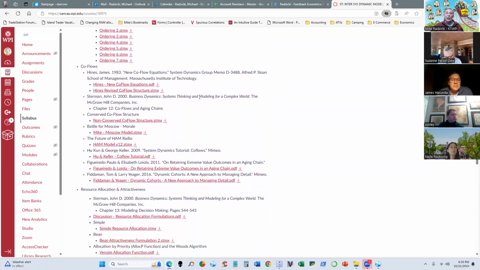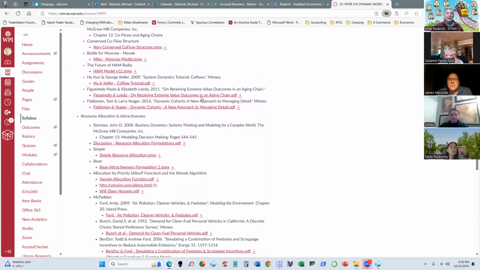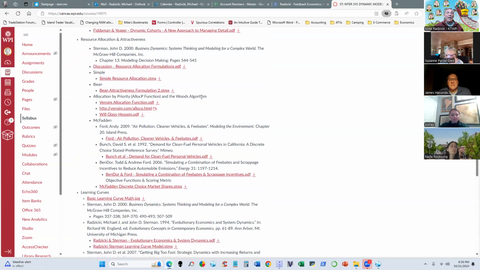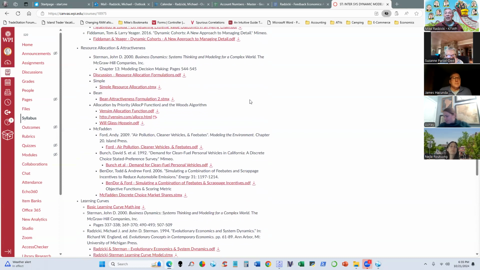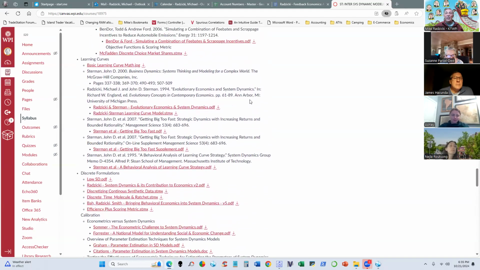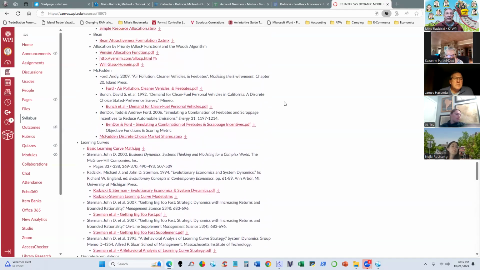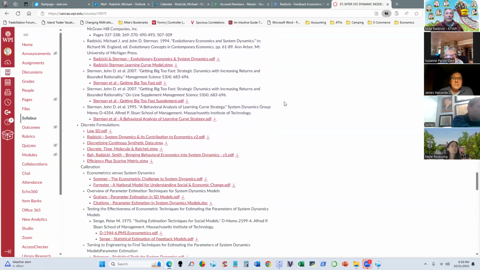Then we'll swing over to coflow structures and talk about why that's important. If we get through all of that, we'll start looking at resource allocation and attractiveness. And then the next one after that is learning curves. So we may get through all of that tonight or not.